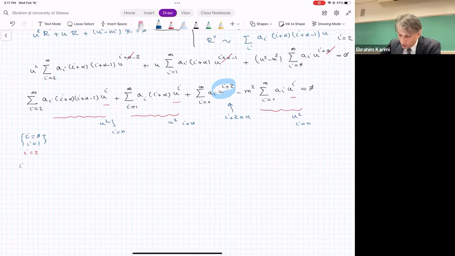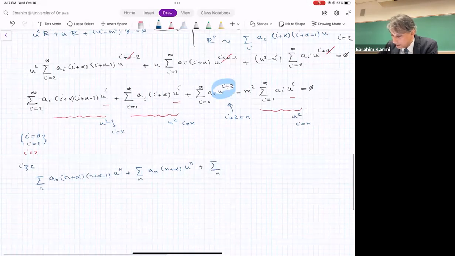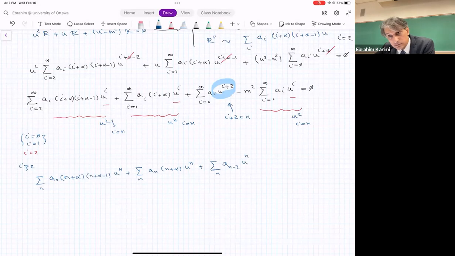So if you do so, for i greater or equal to 2, that's fine. Then the summation will be the summation of (n + alpha)(n + alpha - 1) a_n u^n, then the summation of (n + alpha) a_n u^n, plus the summation of, with that term i equal to n minus 2, a_(n-2) u^n, all right?